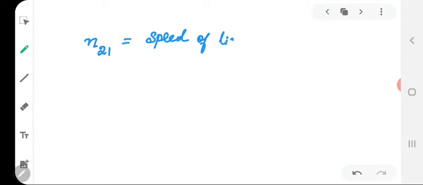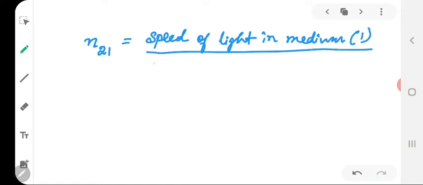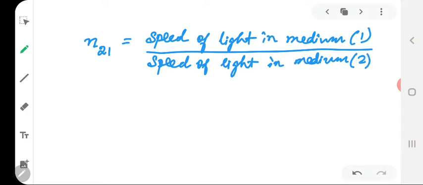So as per this definition, we can write down refractive index of medium 2 with respect to medium 1 to be equal to speed of light in medium 1 divided by speed of light in medium 2.